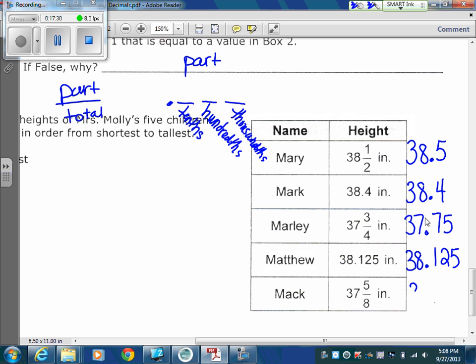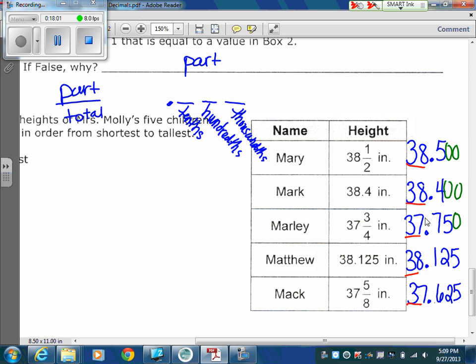And Mac, whole number is 37, 5/8. 5/8 is one of those benchmarks that I just need to know and memorize. That's 625 thousandths. Looking back up, I'm noticing I need to have all my numbers to the thousandths place so that I can order them. And when I order them, I'm going to start with the whole numbers and order them just like I normally would.